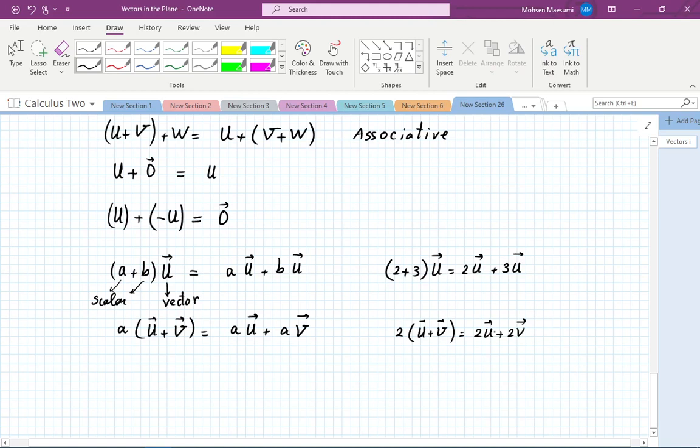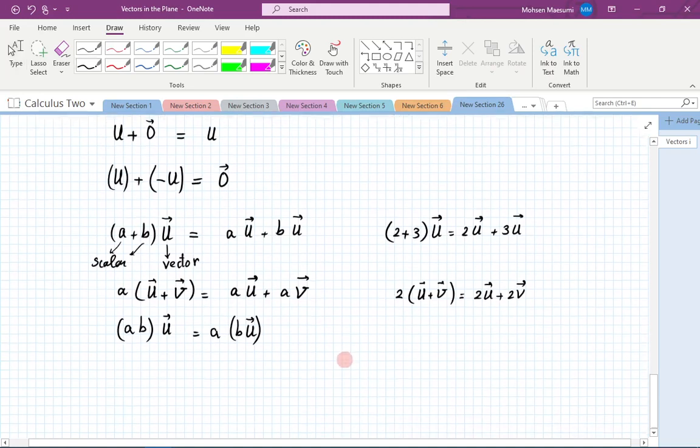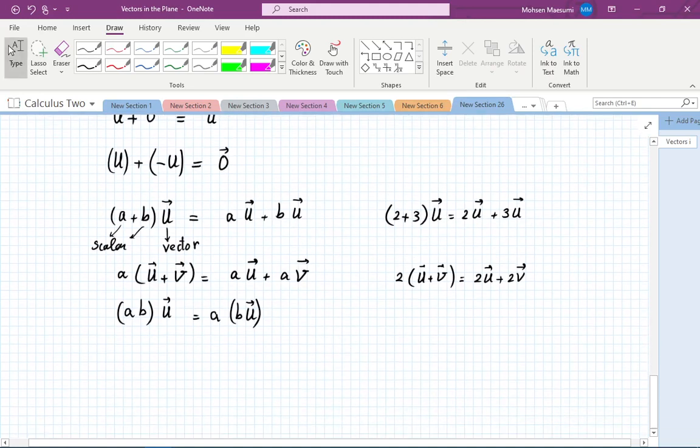We have an associative property for multiplication as well. If I have a number times another number times a vector, that is the same as taking my vector, multiplying by one of these numbers first and multiplying by the other one next. So you notice all of these things are related to order of operation, and what we are saying is that we are safe in these cases, order of operation does not matter.